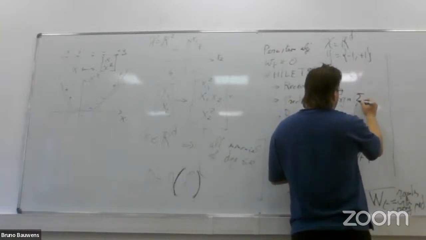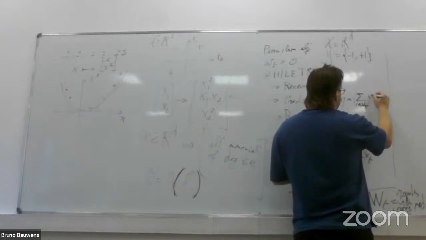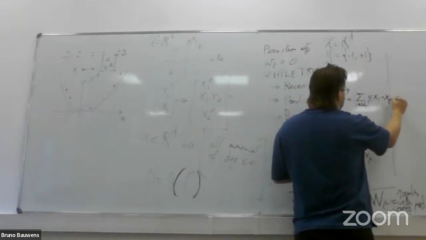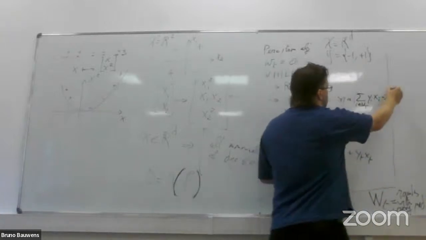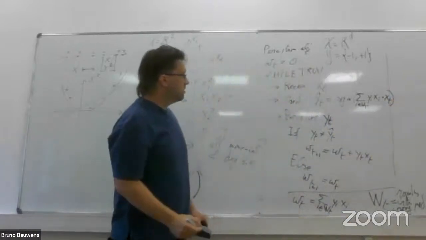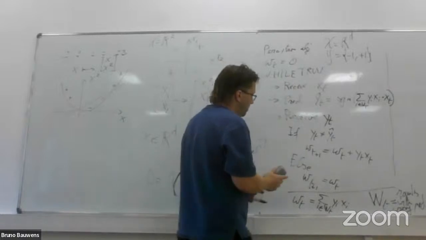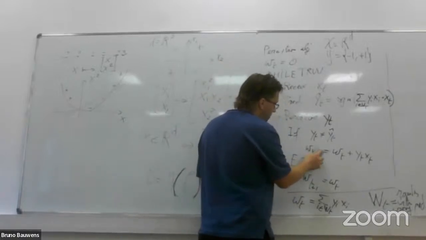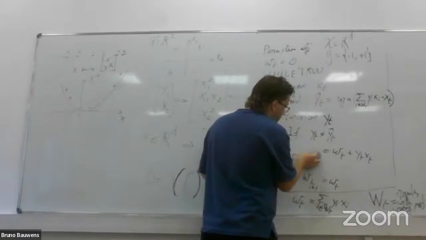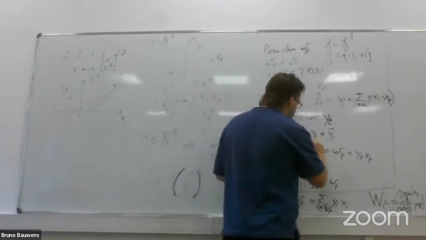Sum of i, alpha_i y_i, x_i dot x. So this is our prediction. And what we do here, we just update the set of rounds with wrong prediction.